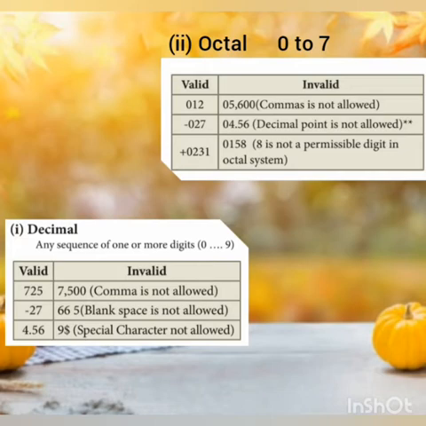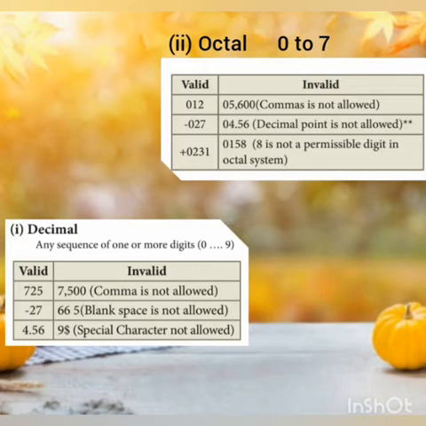Next one is octal. How do we represent the octal number? It can be represented with the combination of 0 to 7 that begins with 0. Now let's see some examples. First example is 012.